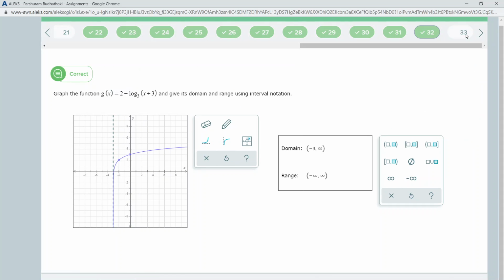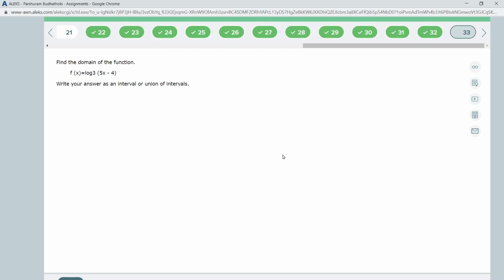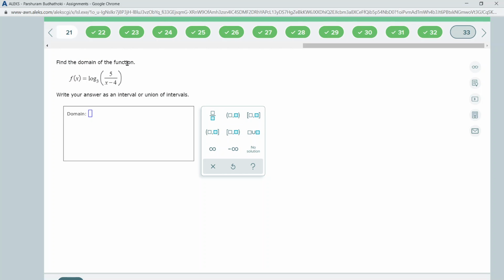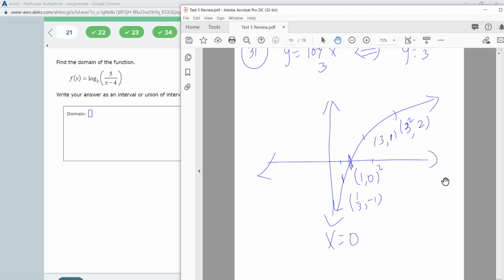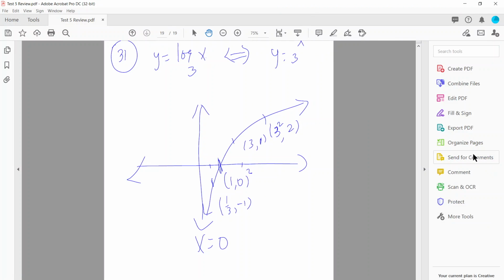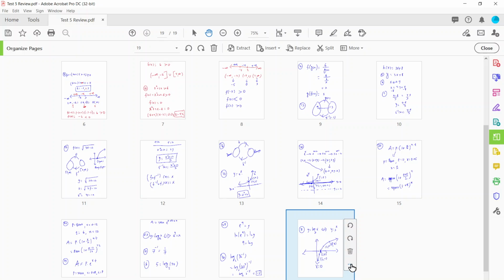Okay, so the last problem: find the domain of the function. For finding the domain, whatever you see inside this parenthesis, make that thing greater than 0 and not equal to 0. What does that mean?